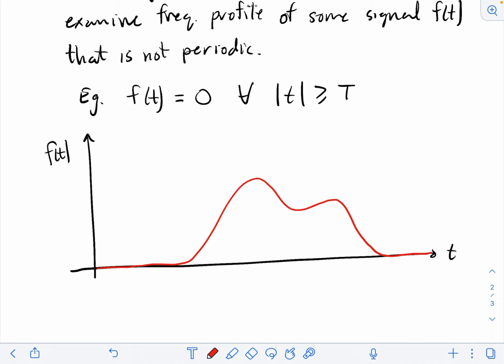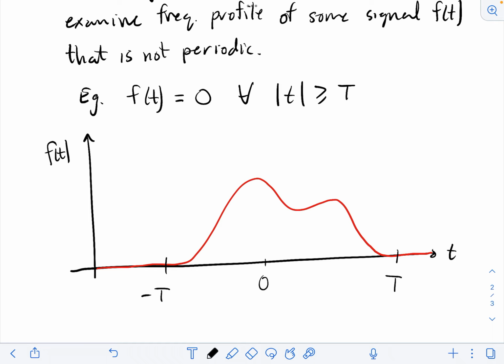And so what we can do is identify some value of minus capital T and some value of plus capital T, where when we're between these two times, the pulse can be non-zero, but when we're outside this range of times, the pulse is 0. And so the way I've drawn it here, I guess our 0 in time would be in between those two.